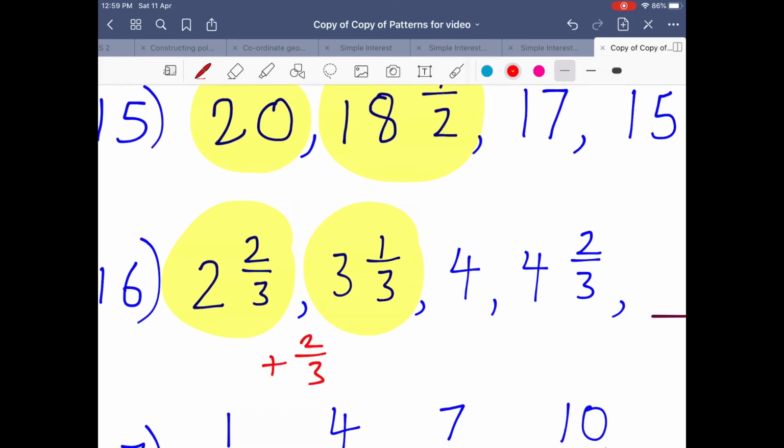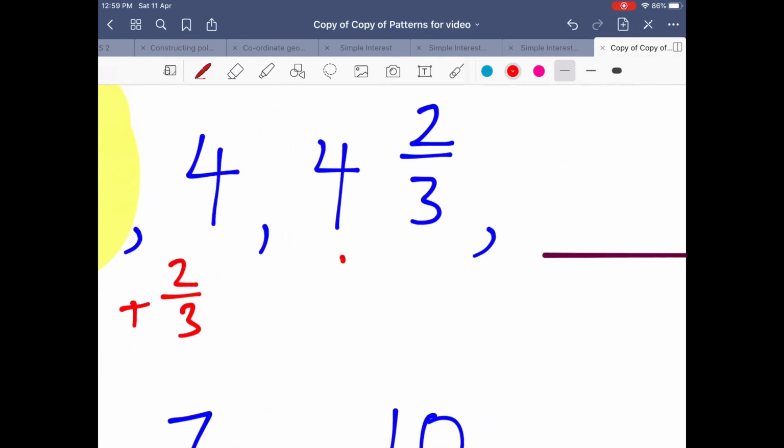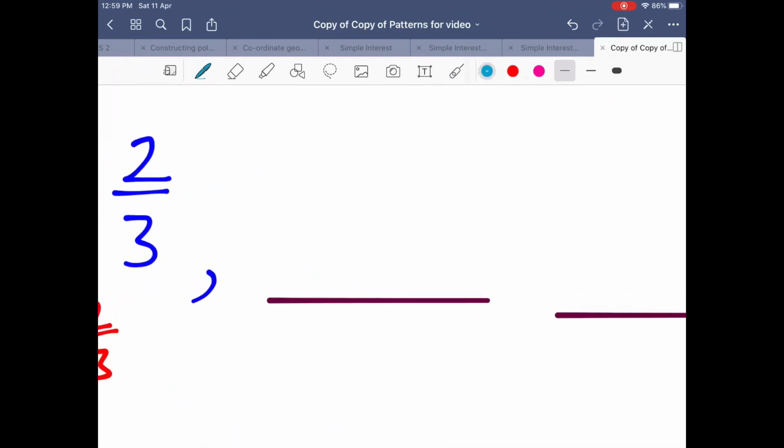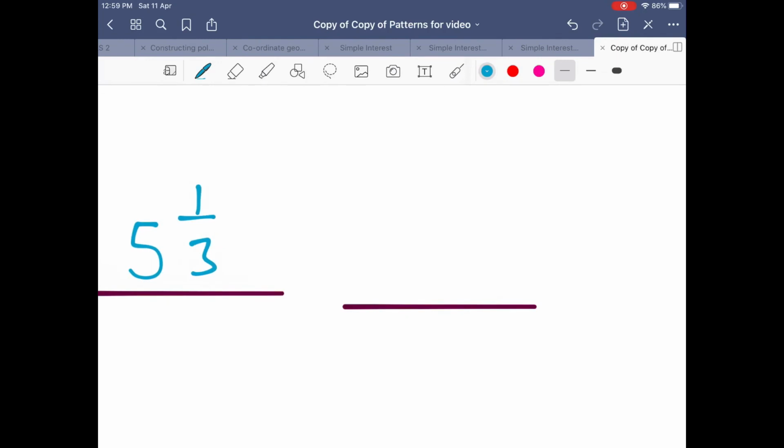To go from 3 1/3 to 4, we are simply adding 2/3. So the pattern is simply adding 2/3. So 4 2/3 plus 2/3 will give me 5 1/3. 5 1/3 plus 2/3 will give me 6.